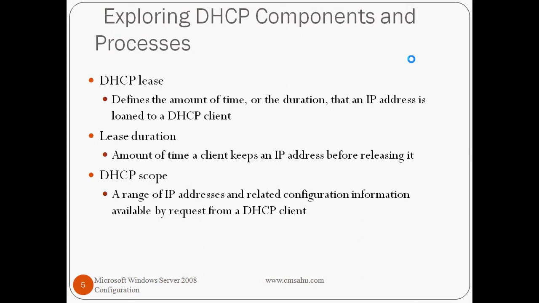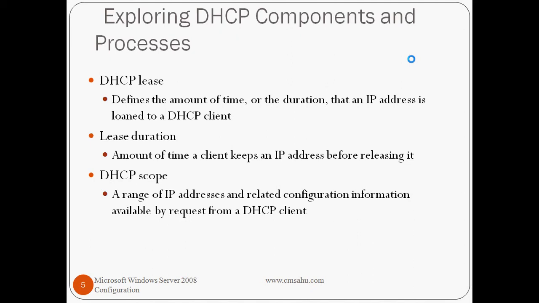Okay, the exploring of DHCP components and process. I already told you about the DHCP lease on the overview of DHCP. It defines the amount of time or the duration that an IP address is leased to a DHCP client. So how much time the device can hold this IP address, that is called lease period, lease duration, lease time. We will configure lease duration and DHCP scope in the practical part after the theory is done.